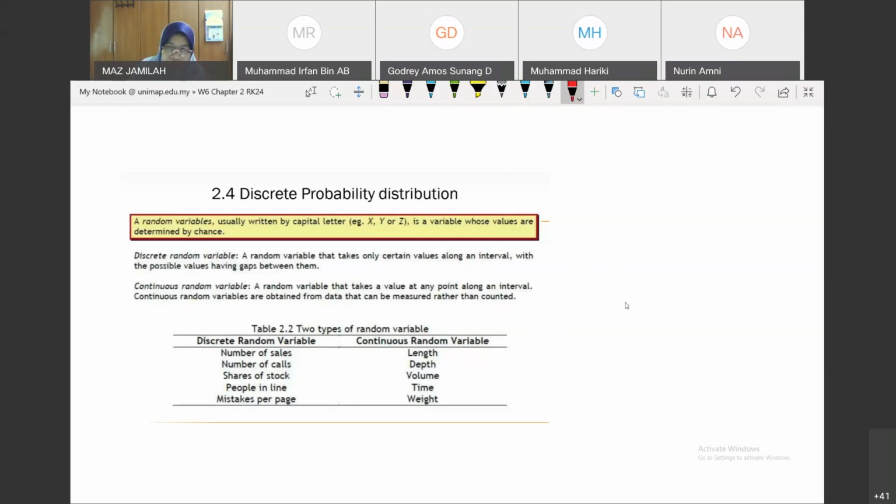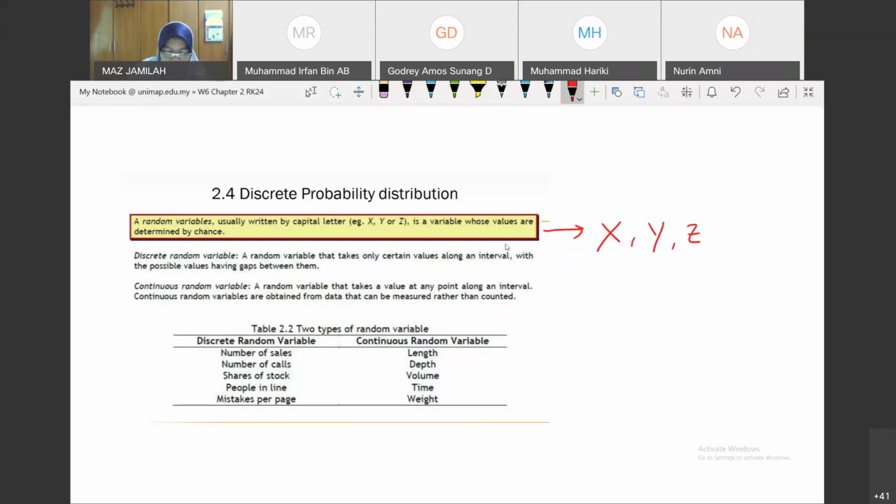Last time I said it is because there is some randomness in each and every variable that we are discussing. The main point here: a random variable is denoted as X, or sometimes Y, or maybe Z, depending on the defined variable.